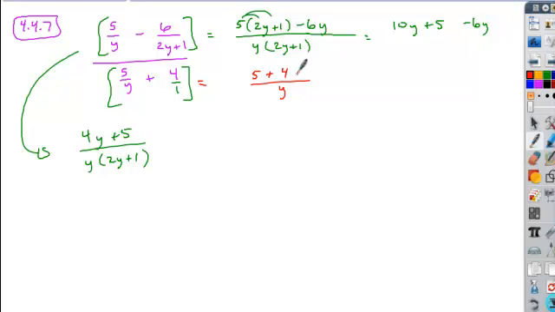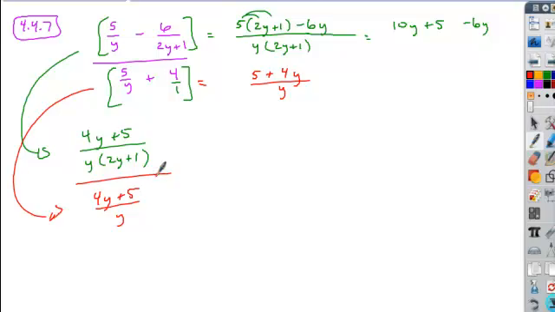It's missing the y, so I multiply that. And so here I wind up with my denominator just being 4y plus 5 all over y. Again, all I did here was reorder my terms. Okay, and so this is the denominator written as a single fraction.